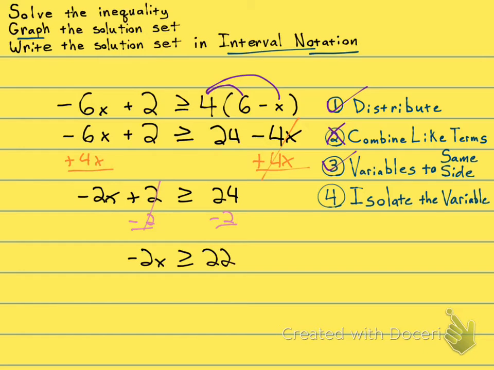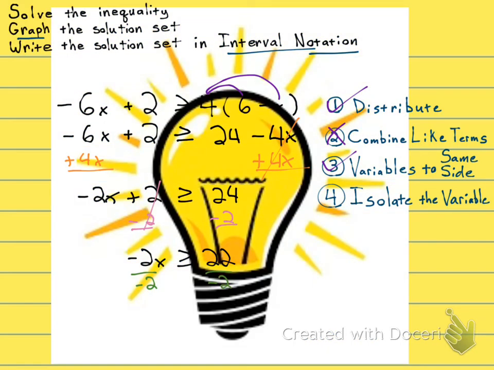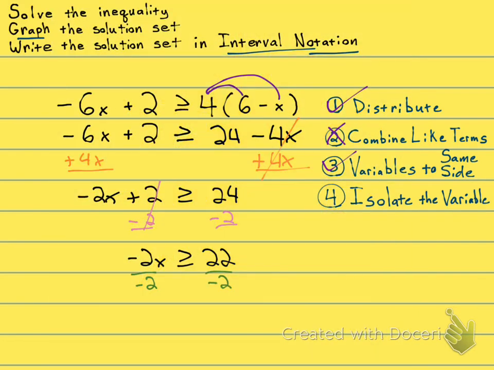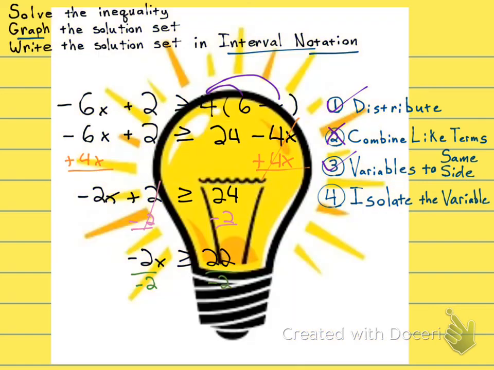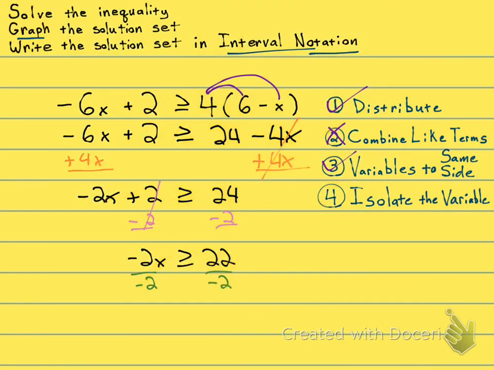And one more step. I am going to divide by a negative 2. Divide by a negative. Oh boy, okay, I need to remember to flip this inequality when you divide by a negative. So this is going to flip over.